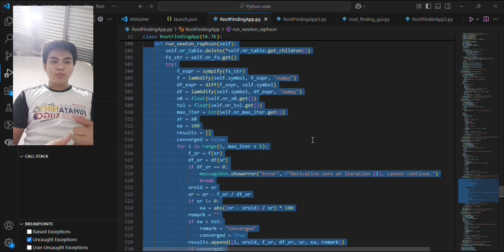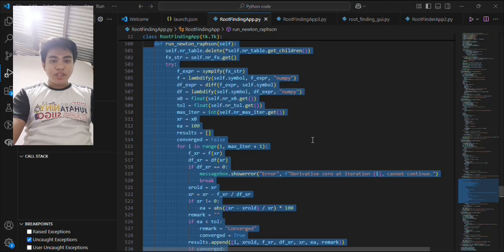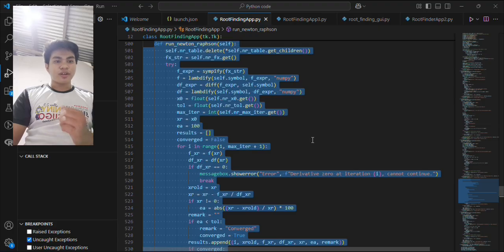Lambdify turns both into callable functions. Step 2, iterative update. Evaluate the function and derivative at the current guess x0. Update using Newton's formula. Stop if the function is zero or the error is below tolerance.